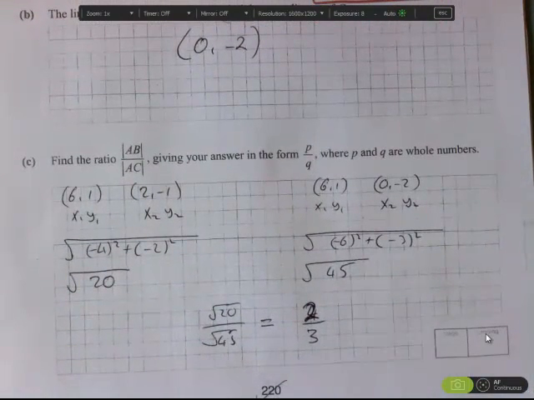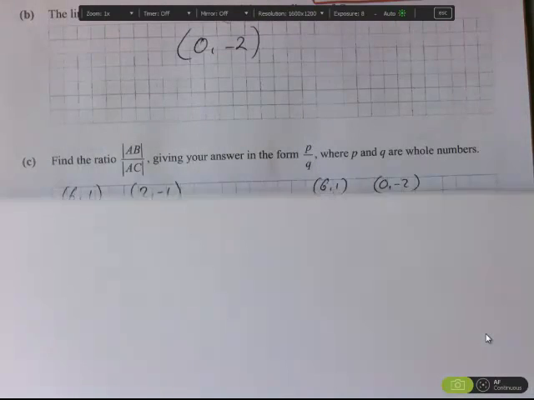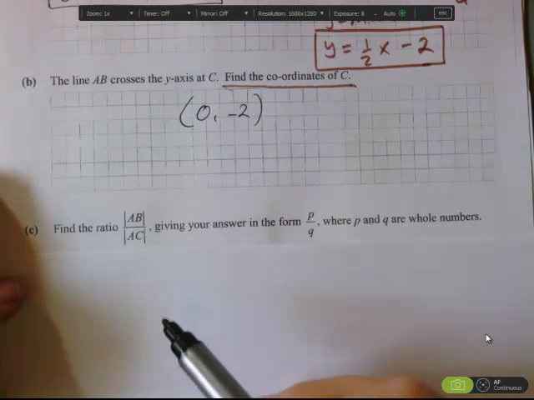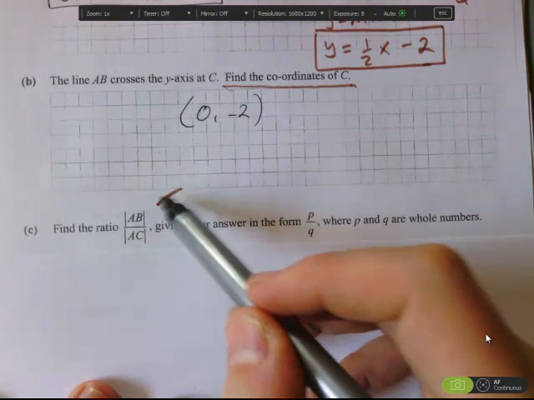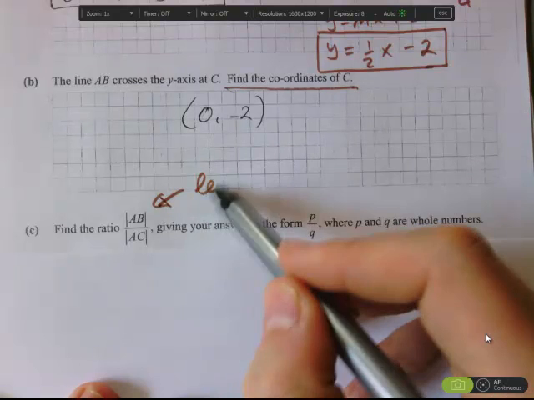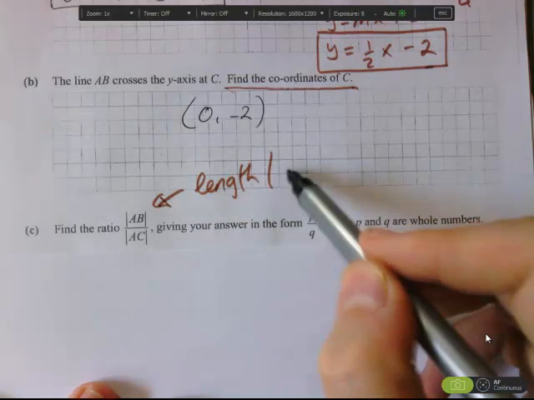Part C of the question. People can be a little bit put off by it just at the beginning. Before I show you the solution, what do you need to remember, or what tends to throw people off? These symbols here, the two bars, they mean length or distance.